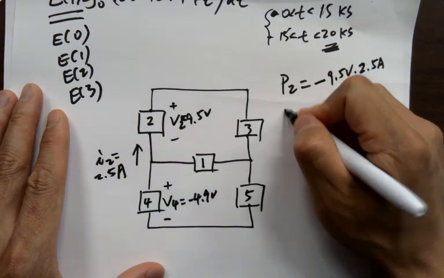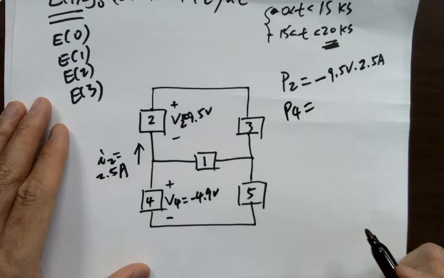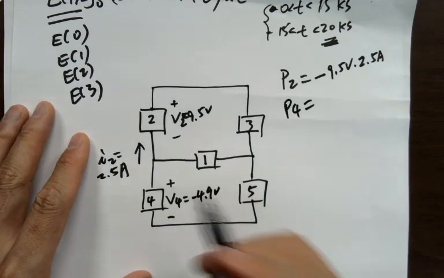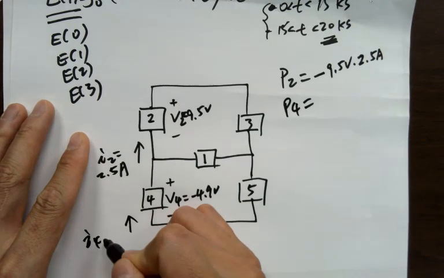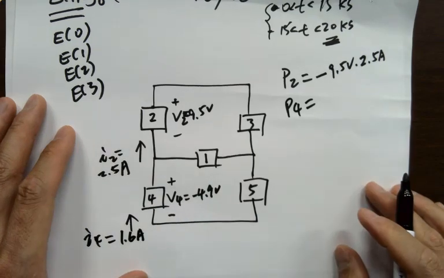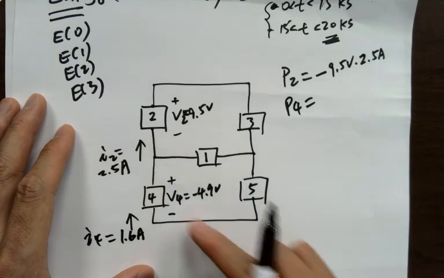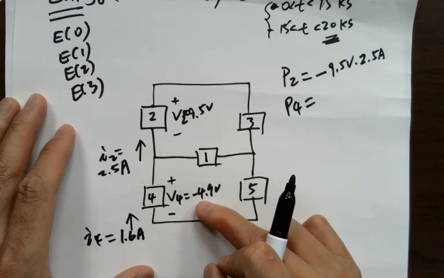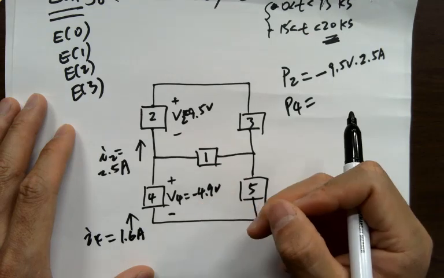Number 4. There's I4 here, which is 1.6 amps. Because it's plus minus, but the voltage is negative, I have to flip it, right?